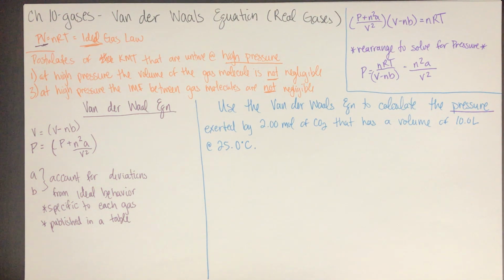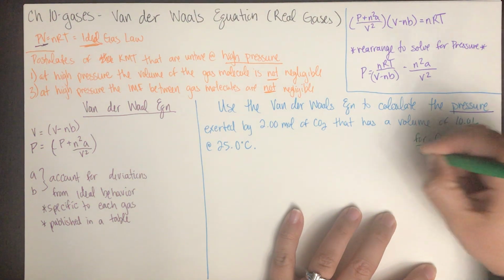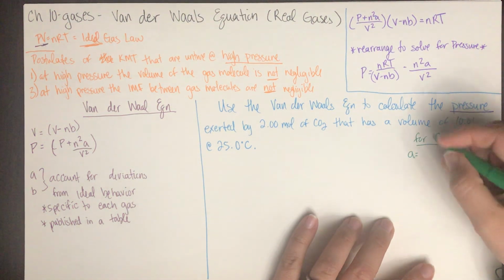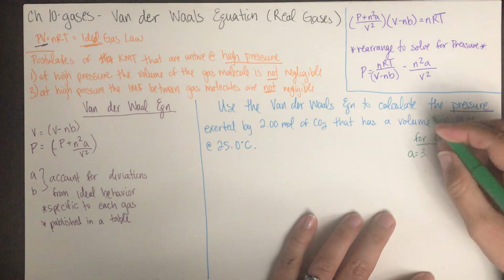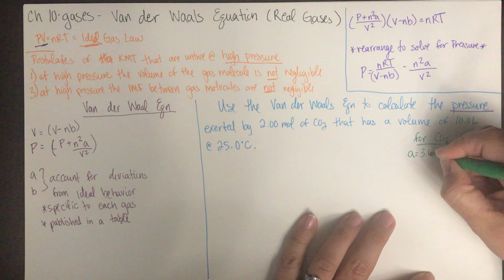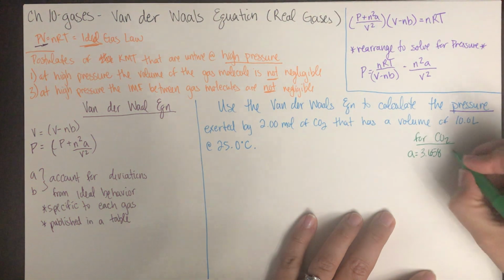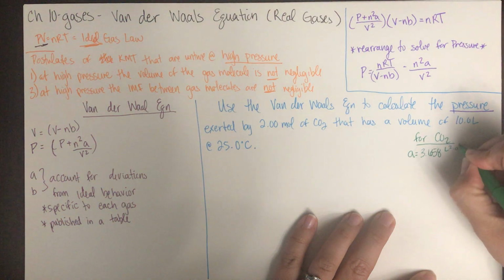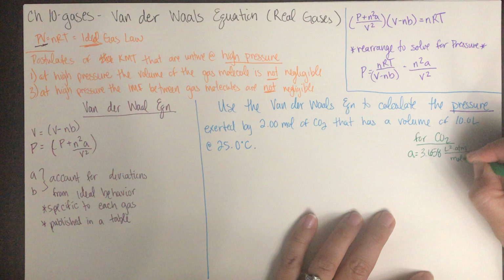Also, this problem tells us what the A and B values are for carbon dioxide. So for carbon dioxide, A is 3.658 liters squared atmospheres over moles squared.